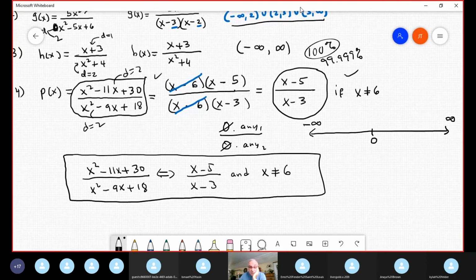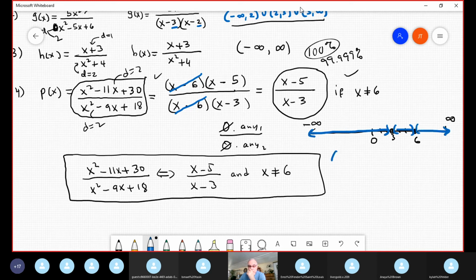This is 0. And we have in 6 one problem. 1, 2, 3, 4, 5, 6 here. Here in 3, we have another problem. Look, because 3 minus 3 is 0. 1, 2, 3. Basically, in 3 and 6, we have restrictions. My domain is from negative infinity to 3, don't touch 3; 3 to 6, don't touch 6; and from 6 to infinity.